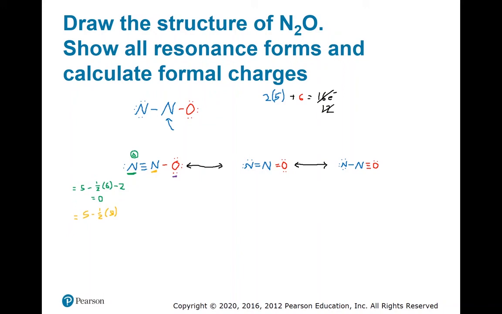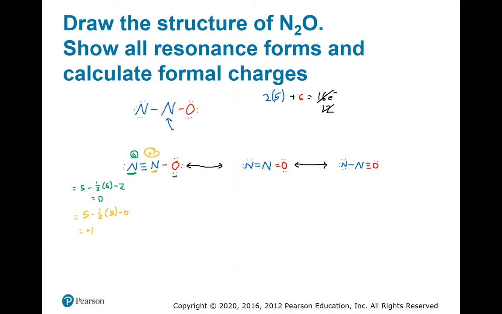And subtract the number of non-bonding electrons. We don't have any lone pairs, so that's just 0. If you follow order of operations correctly here, we get 5 minus 4, which is positive 1. I'm going to indicate that as explicitly positive because positive versus negative is important here. So that's going to be positive 1.